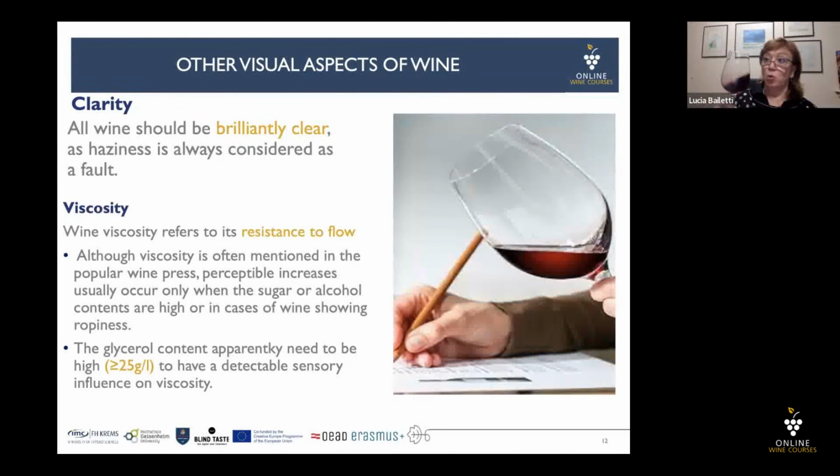Although viscosity is often mentioned in the popular wine press, perceptible increases usually occur only when the sugar or alcohol contents are higher or in cases of wine showing roughness. The glycerol content apparently needs to be higher than 25 grams per liter to have a detectable sensory influence on viscosity.